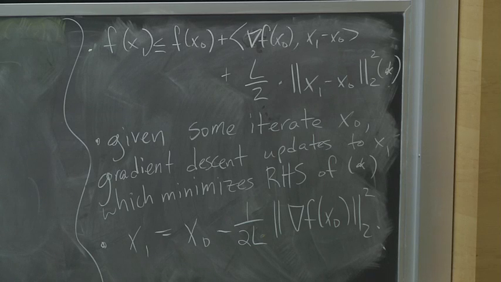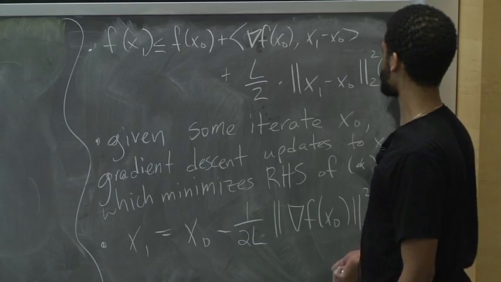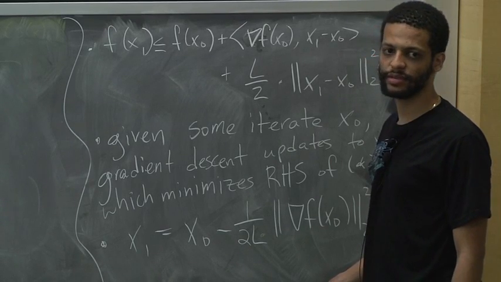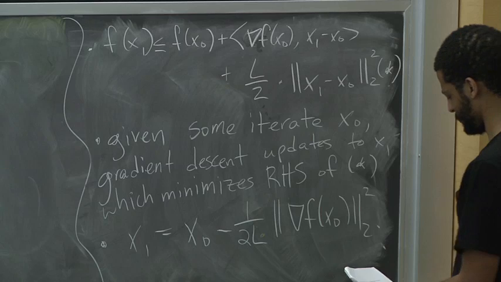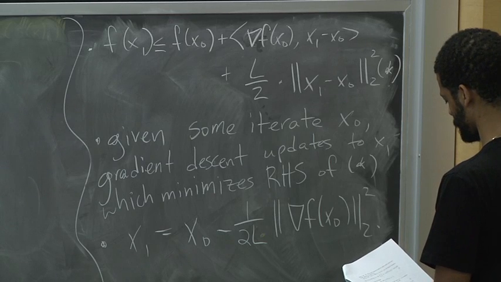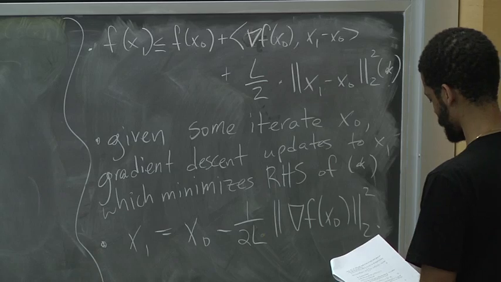Questions? X0 is a vector, right? Yeah. X0 is a vector. You're subtracting a scalar. Oh. That is a very good point. That is not what I mean.